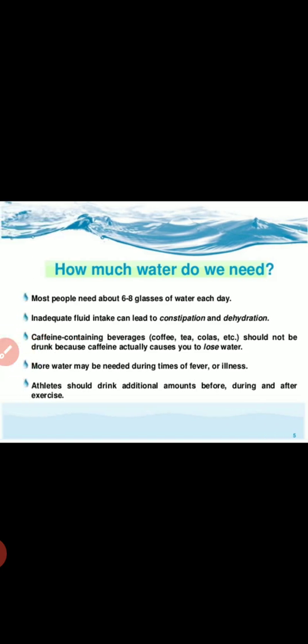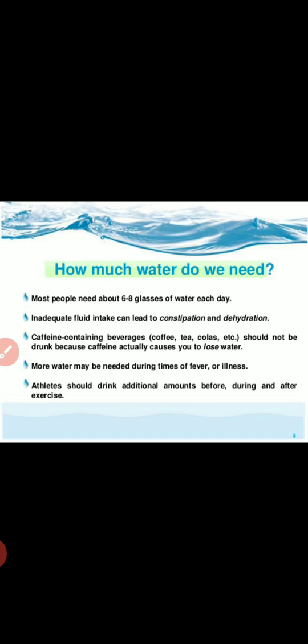Then how much water do we need? Most people need about 6 to 8 glasses of water each day for drinking. Inadequate fluid intake can lead to constipation and dehydration. That means lack of water leads to constipation and dehydration.